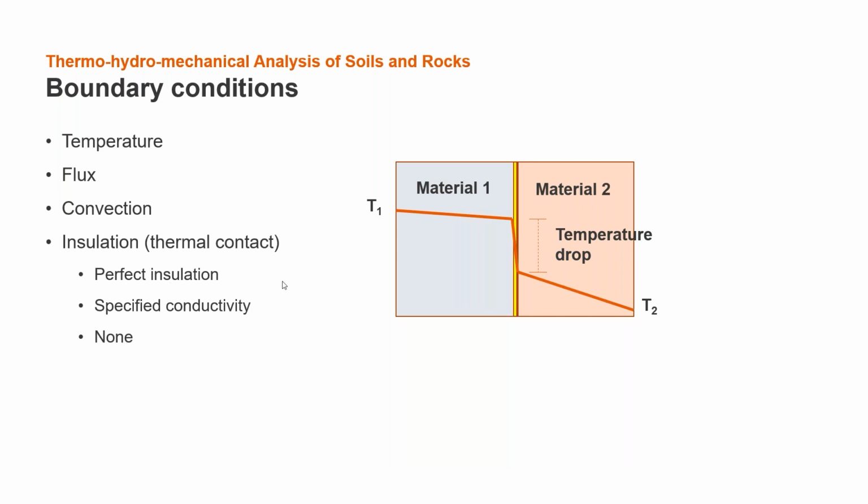And for the perfect insulation, the temperatures of the two materials are not related at all. Or you can control the temperature drop here by specifying a conductivity or thermal conductance.